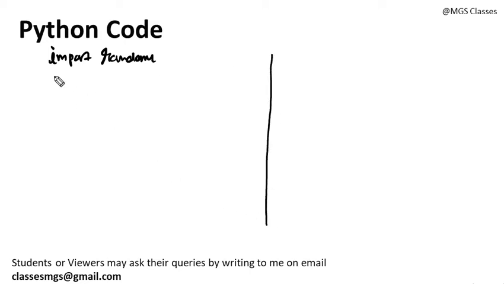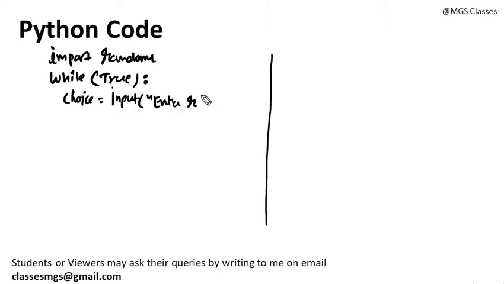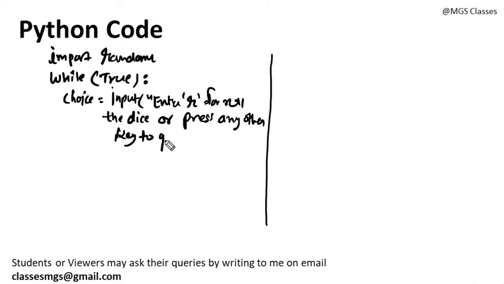Let's create a while loop, which keeps executing infinitely, and I will create a variable choice and ask for the user input: enter R to roll the dice, or press any other key to quit.